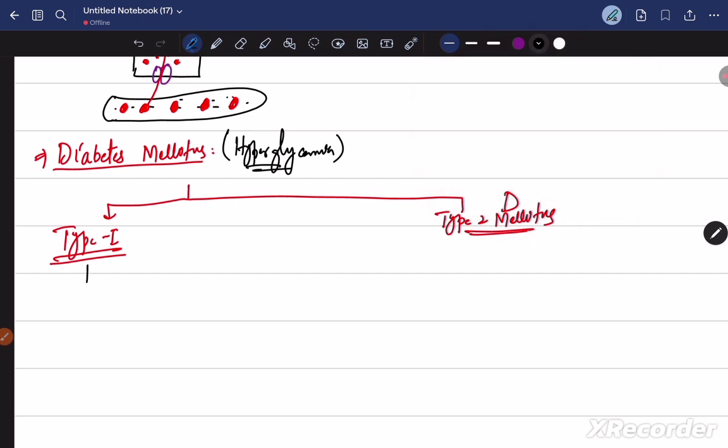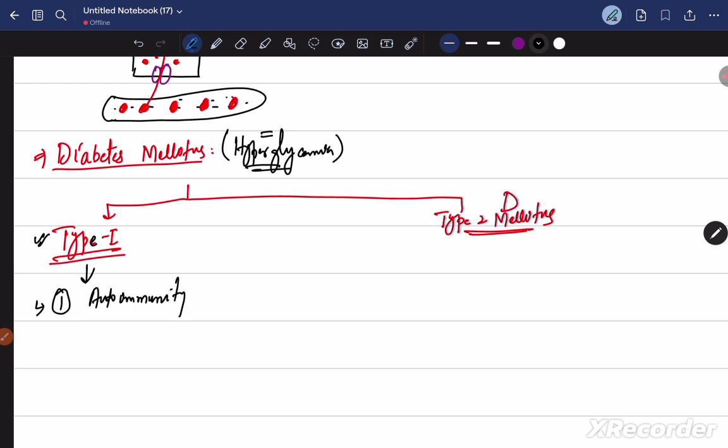In type 1 diabetes mellitus, there are different reasons in canines and felines. Let us discuss them one by one, that is, what leads to type 1 diabetes mellitus, or what leads to the hyperglycemia, in canines and felines. The first reason is autoimmunity.